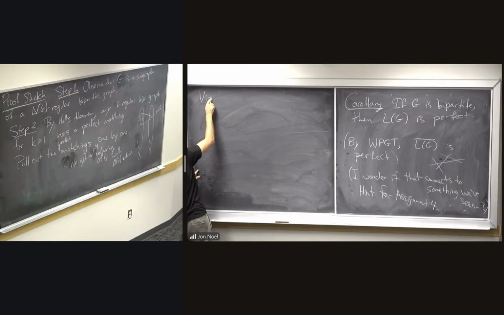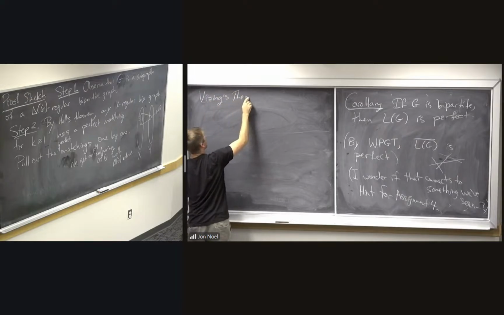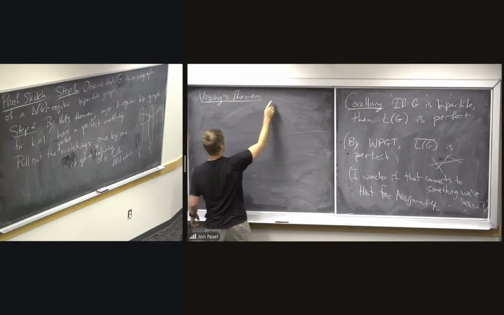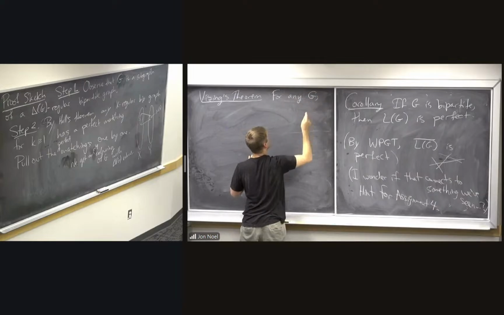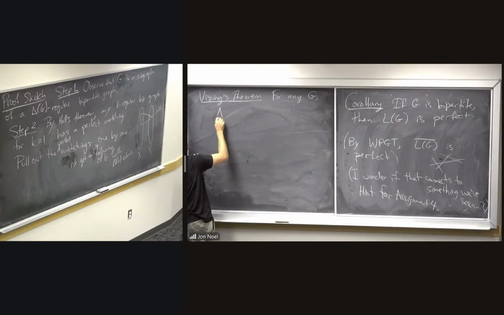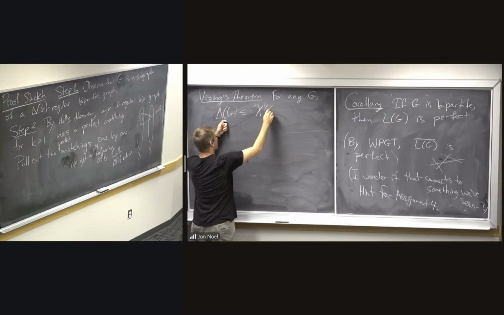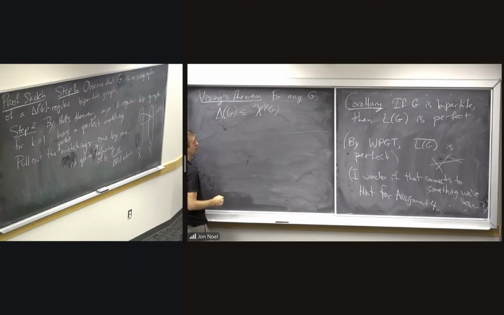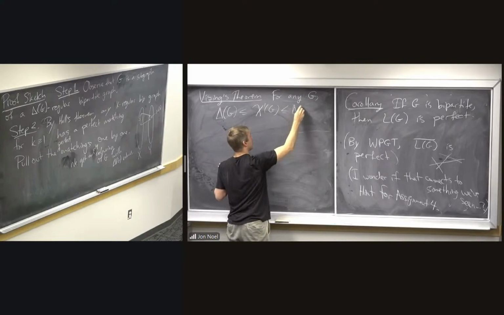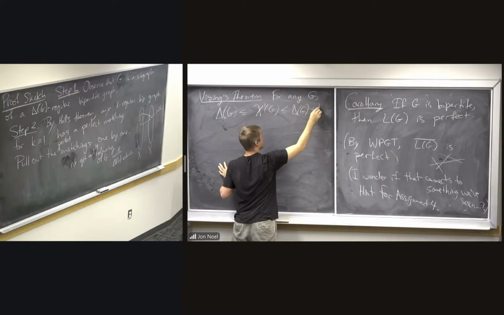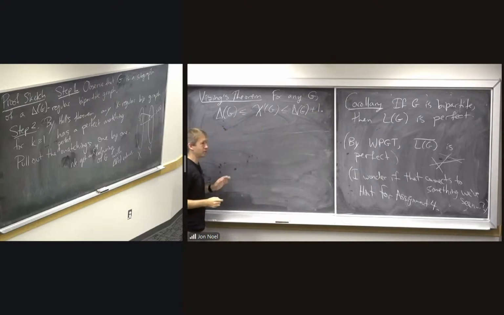There's a theorem called Vizing's theorem, which says for any graph G, we still have the trivial lower bound that the chromatic index is at least delta of G. And now what we're going to prove is an upper bound that it's at most delta of G plus 1.